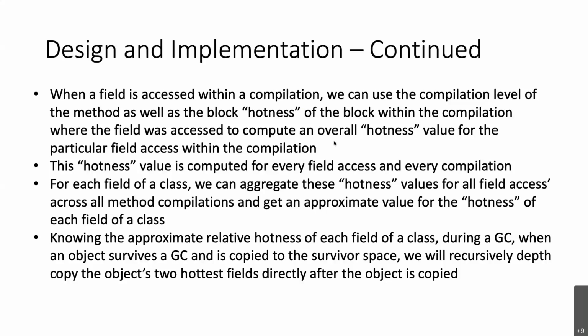As of now, it's more or less copied directly from what used to happen before for hot fields. So for a warm compilation, this aggregated block frequency value is multiplied by 1. For a hot method, it is multiplied by 10. And for a scorching method, it is multiplied by 100.